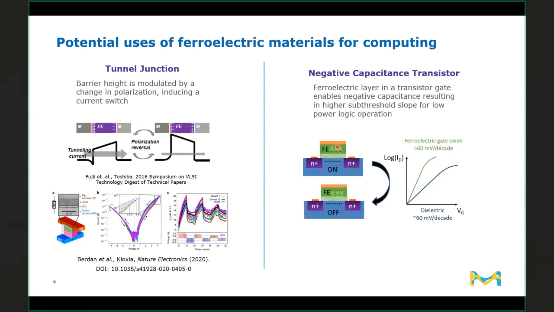Because of this large nonlinear capacitance, as we apply voltage to our gate to turn our channel on and off in two states in a logic material, we can actually get a subthreshold slope, which is much faster than what can be achieved in a normal dielectric material. This could have big impacts for power consumption in this type of device. So there are all kinds of useful applications for these materials, as long as we can find the right ones that could be integrated into standard CMOS semiconductor processes.